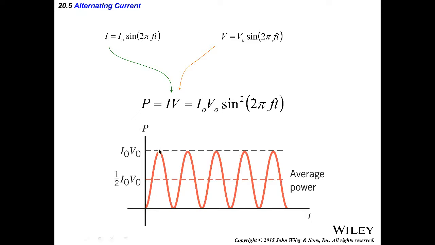But then at a little fraction of a second later, gee, I'm drawing a lot of power, I0 V0. Then, oops, again it came down to 0. Then it went up and came down to 0. And Con Edison is not going to say, hey, I want to collect each time you hit this peak. Because this thing is going on at 50 or 60 hertz.